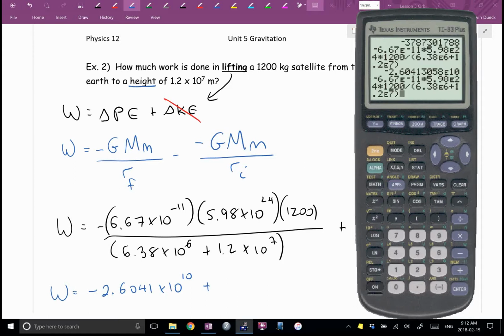If you don't know how to do that, you'll need to see me and we'll sit down with your calculator and figure it out. Did that work okay? Delete the negative. And I guess I just have to delete the plus, 1.2 times 10 to the 7th. Way less typing. My initial potential energy is positive 7.5022 times 10 to the 10th.